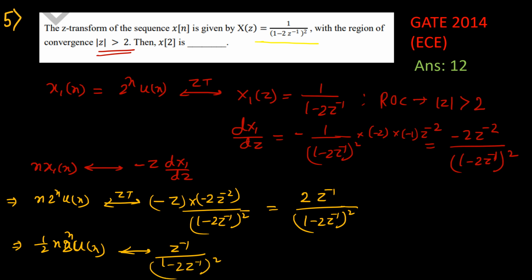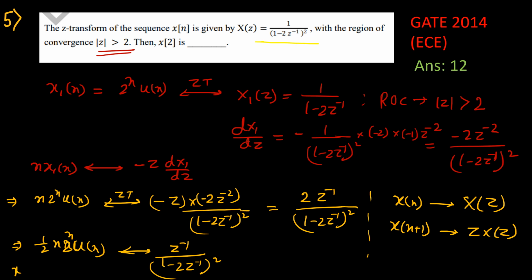Now one more property is that if x of n has z transform X of z, then x of n plus 1 has z transform z times X of z. So we need to multiply both sides by z.